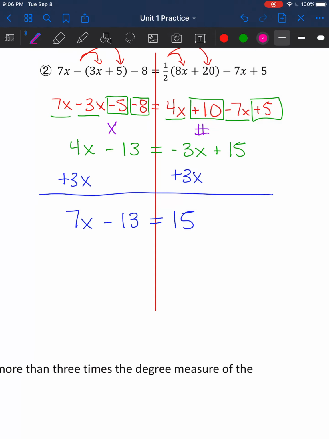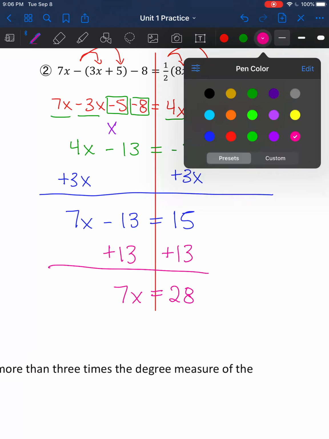Now, all of my x's are on the left side, but all of my constants are not on the right. That means that I can add 13 to both sides, and I'm left with 7x equals 28 because I eliminated the constants on the left side.